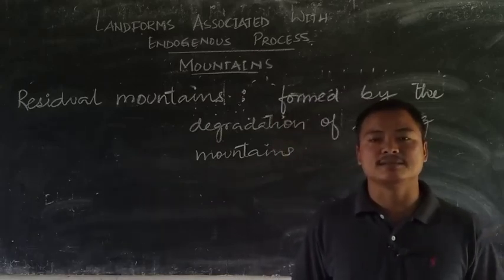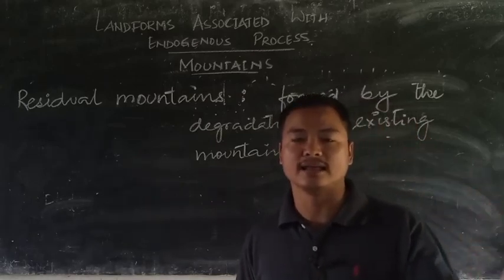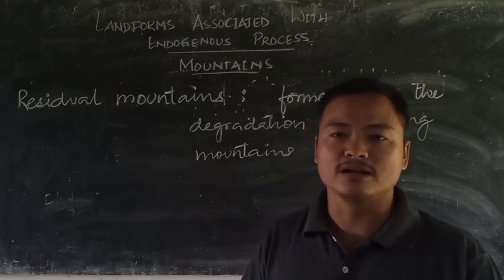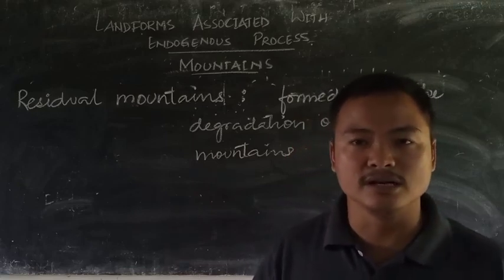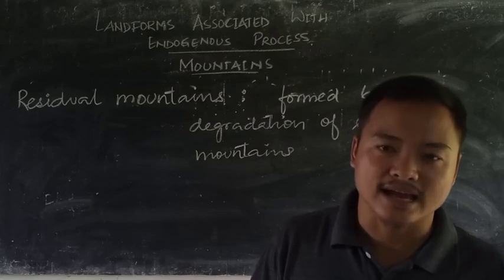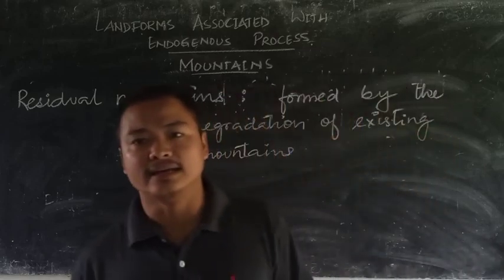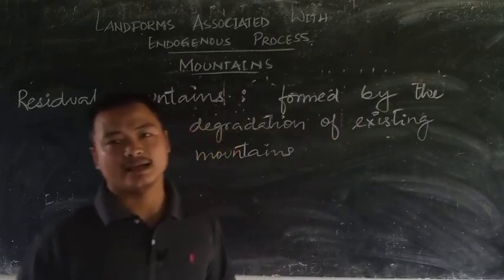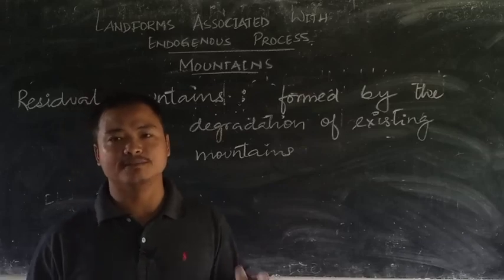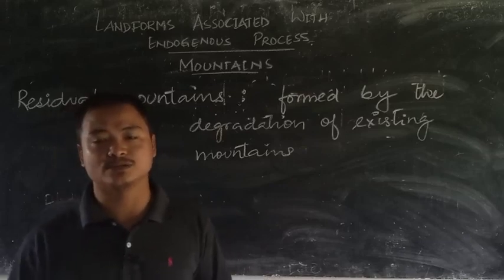In earlier times, they happened to be quite higher in height, but due to rigorous weathering and erosion over the years, their height has changed, and the shape and walls of the mountains have also changed from steeper to gentler.